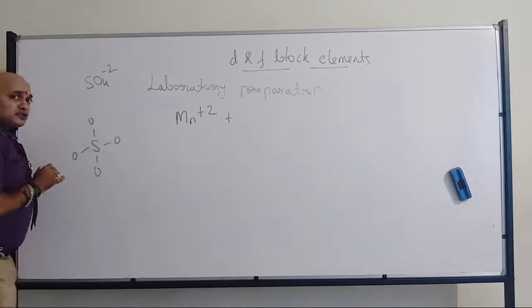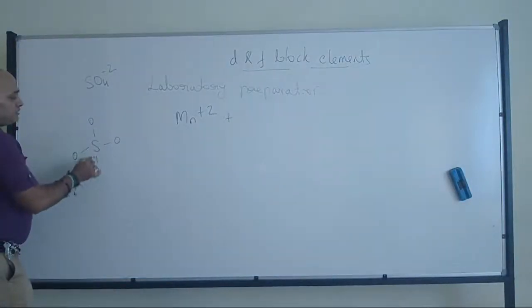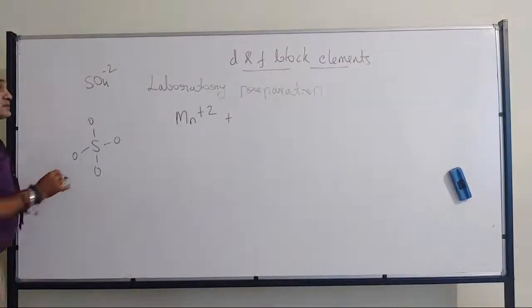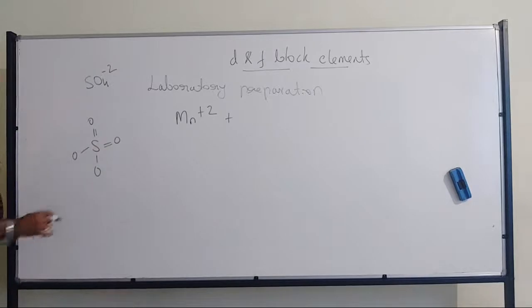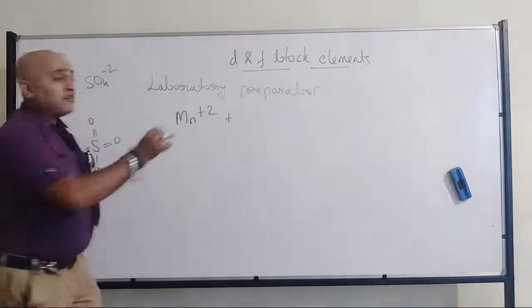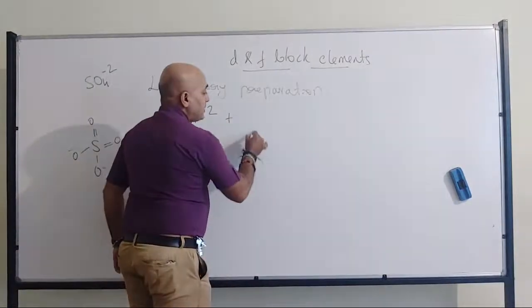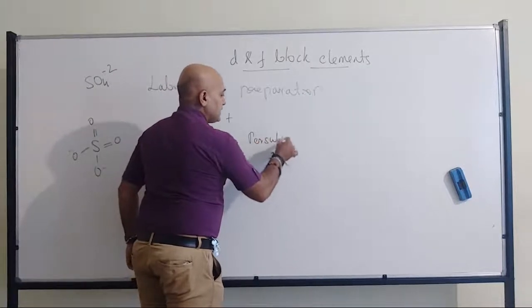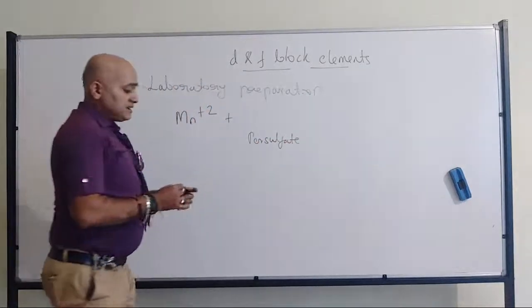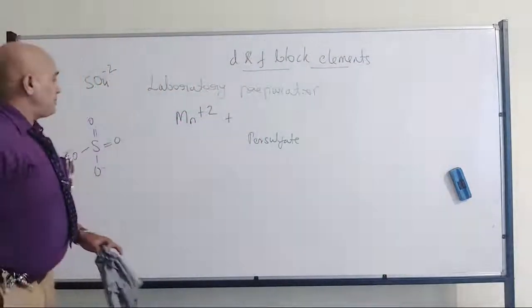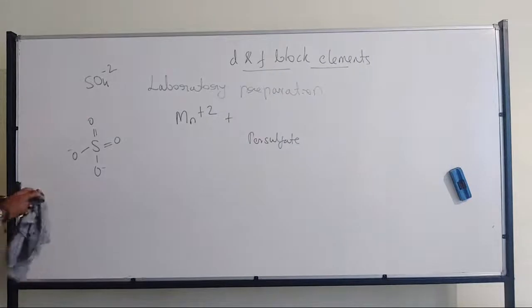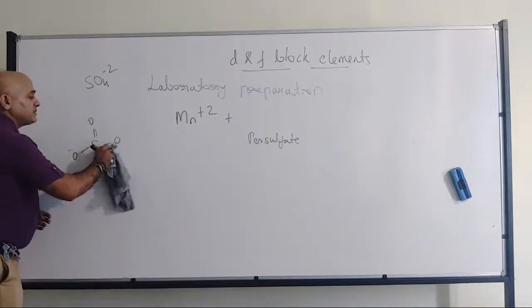Since sulfur belongs to group 16, it can make another 2 bonds. That's where we have the negative charge. Now here I am talking about persulfate. So that means I am not talking about the sulfate, I am talking about the persulfate.